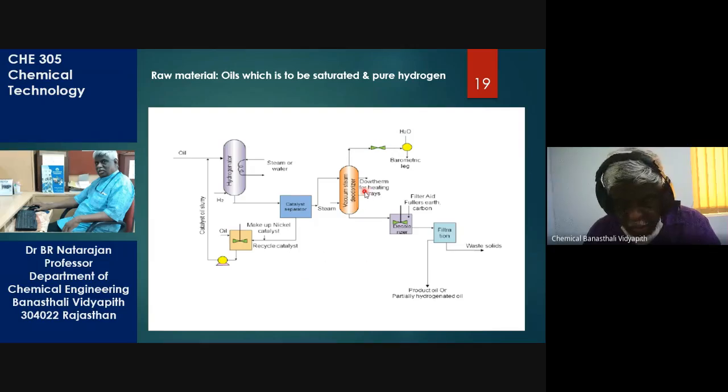So this Dowtherm is a chemical which is used for supplying heat. Then decolorization, which is done by Fuller's earth, etc. Then filtered and the waste solids are removed and the extracted oil comes out.